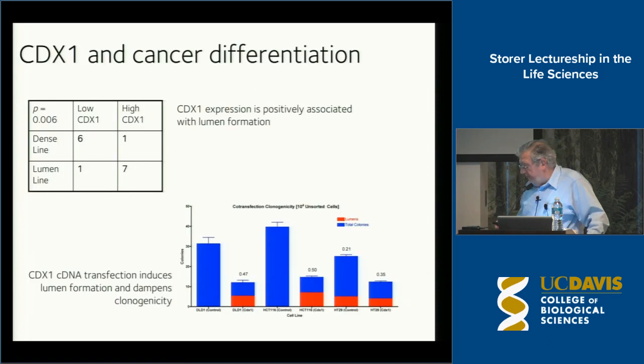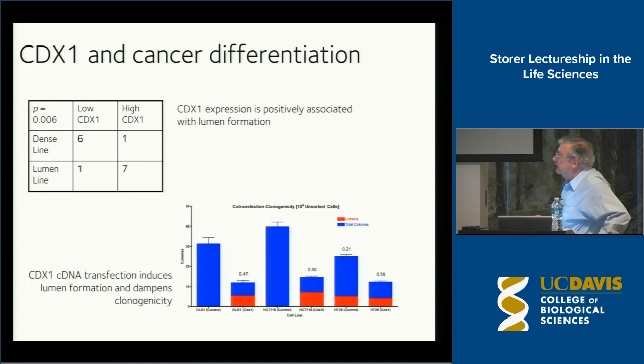Now, we've looked at the patterns of methylation on our cell lines in relation to differentiation and in different ways. The first thing is you can take the lines that don't differentiate, the lumen-producing cell lines, and simply ask if you classify for high and low levels of CDX1, what happens, and you get a hugely significant correlation with whether or not they differentiate, which fits in with what we're expecting.